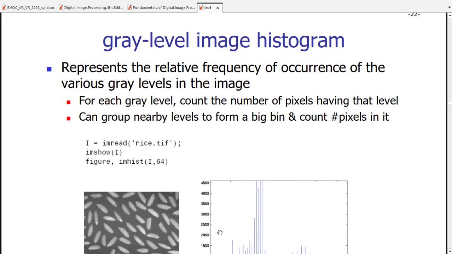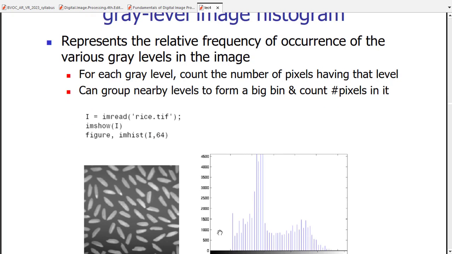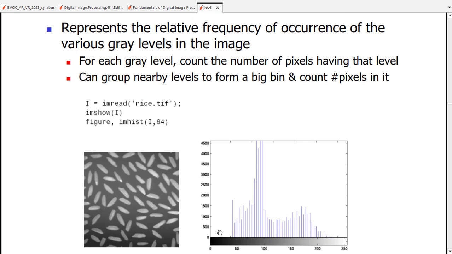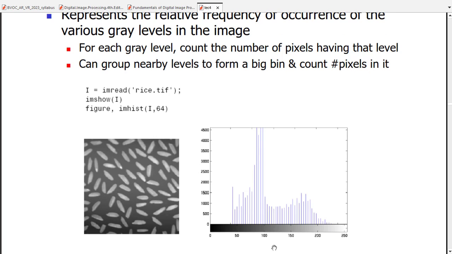So here is the gray level image histogram. A histogram is a chart of the relation between the number of occurrences and a particular grayscale value. For example, the x-axis is the grayscale value from 0 up to 255.